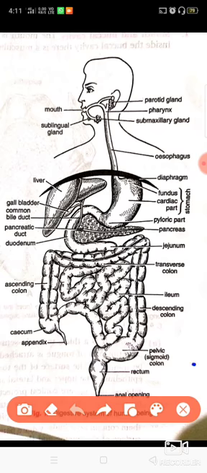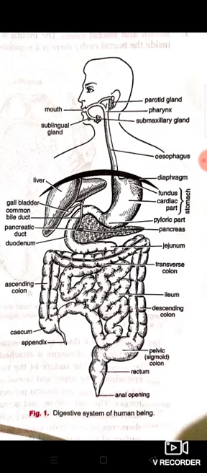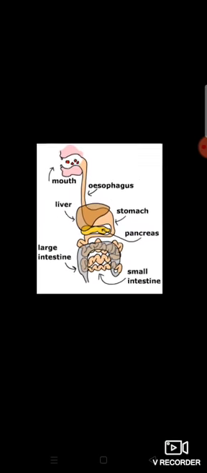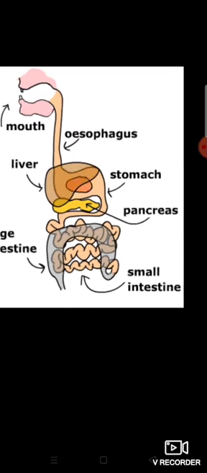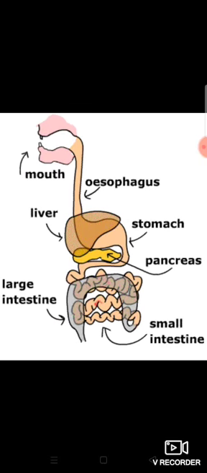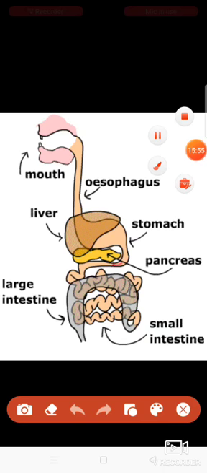Other things which I am going to discuss: I am going to show you how the food goes, which is a little funny, as you can see. So this is how our food is going in our body.